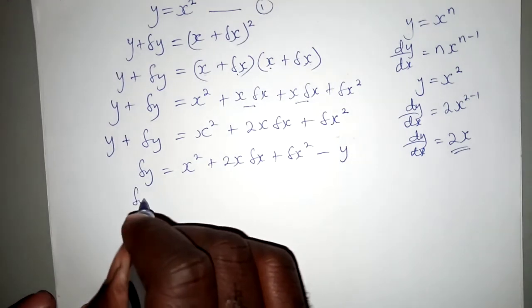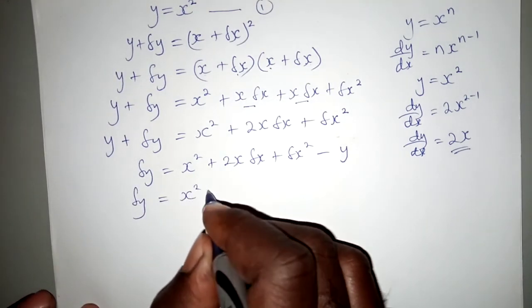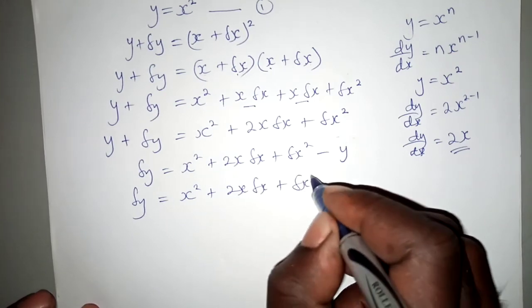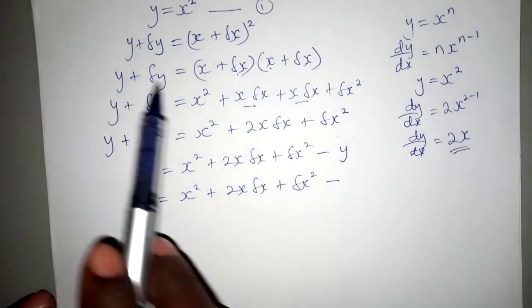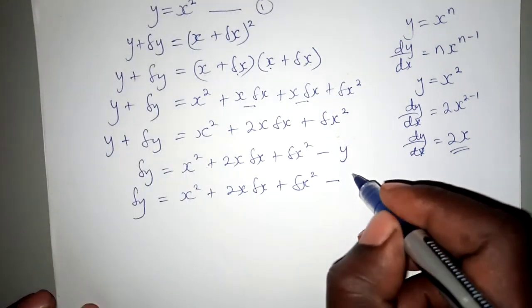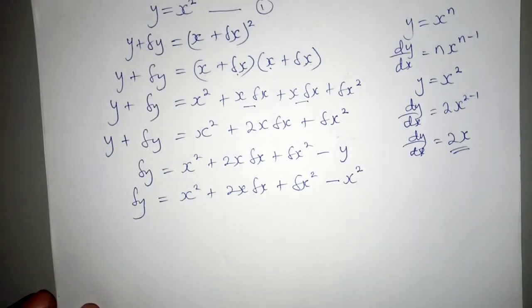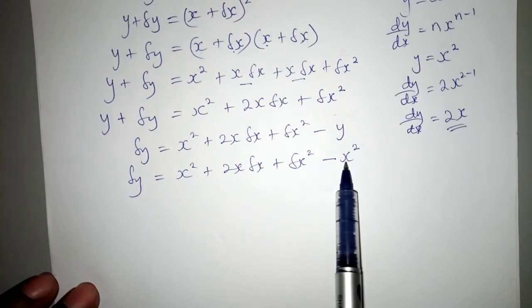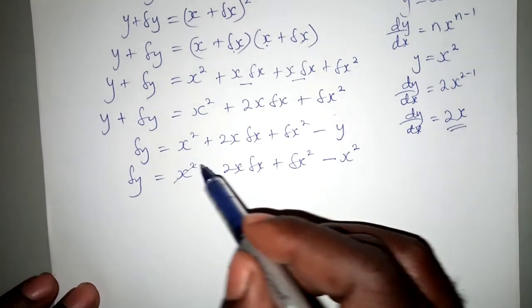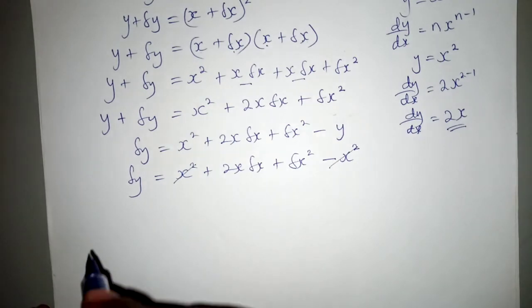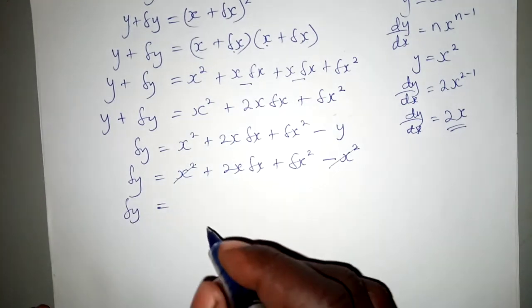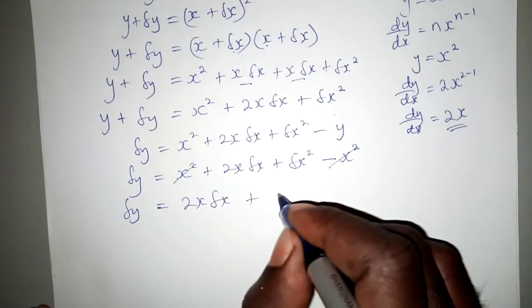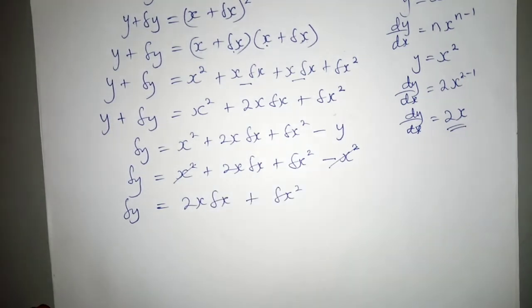So we have delta y is equal to x squared plus 2x delta x plus delta x squared minus x squared. From here, we have x squared and we have minus x squared, so this will take care of this. So our expression is now 2x delta x plus delta x squared.